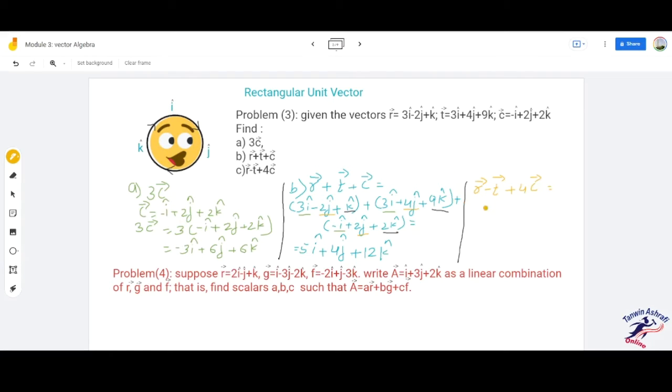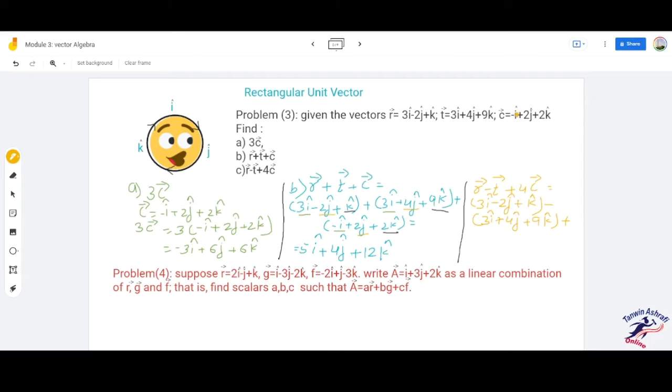So what we have, R vector is 3i cap minus 2j cap plus k cap, minus what for the T we had: plus 3i cap plus 4j cap plus 9k cap, plus 4 times C. That means we have to multiply it by 4, that is the scalar quantity.